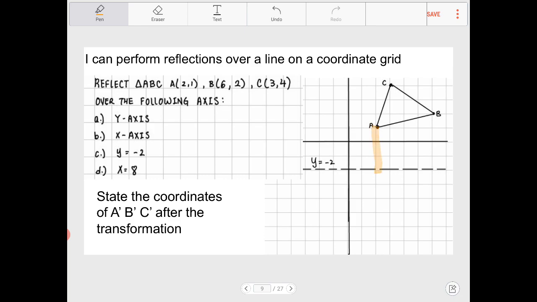We're drawing a line perpendicularly down to the axis of reflection, and that distance is 3 units away. The next is 6 units away, and then the next is 4 units away. And those points on the other side of the axis of reflection will have the same units away from the axis of reflection.